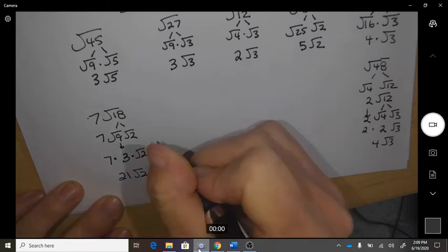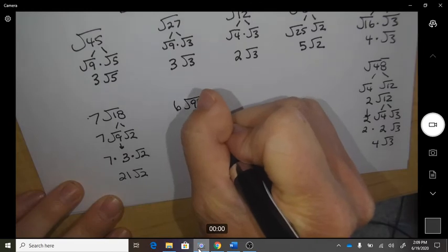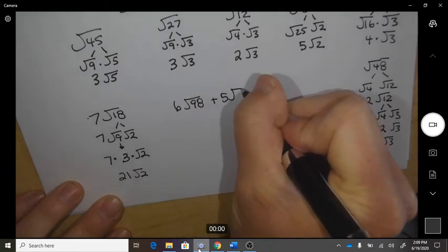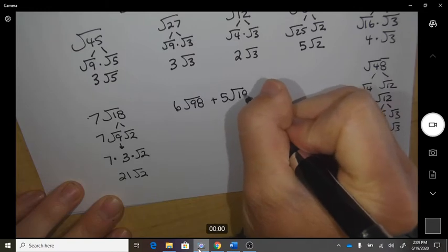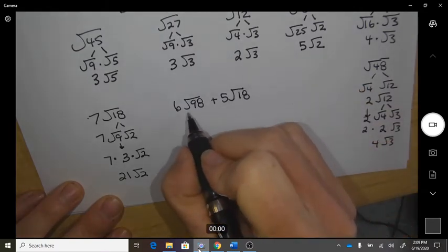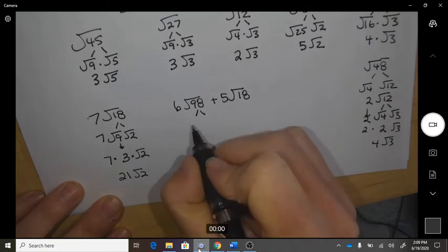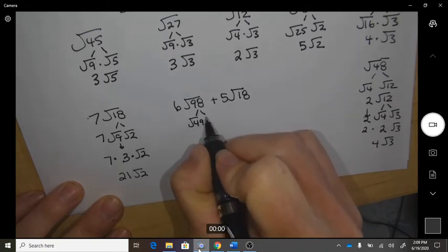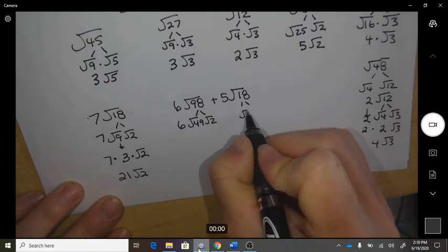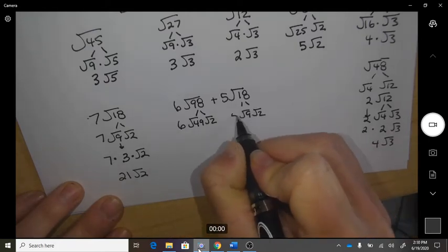Okay, 6 root 98 plus 5 root 18. Okay, so now 98 can become 49 times 2. And 18 is 9 and 2.